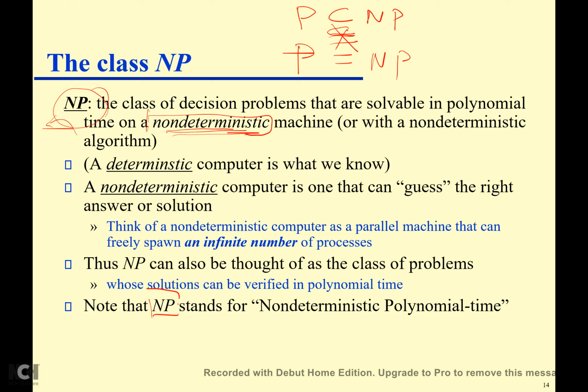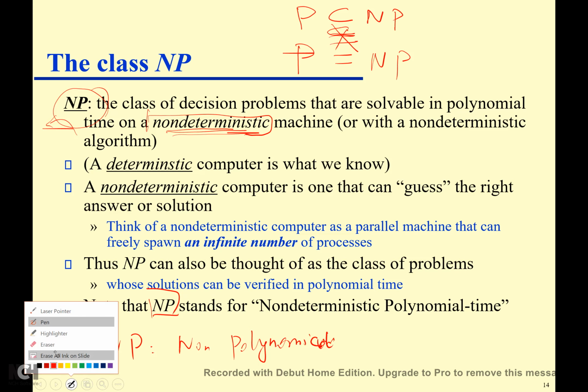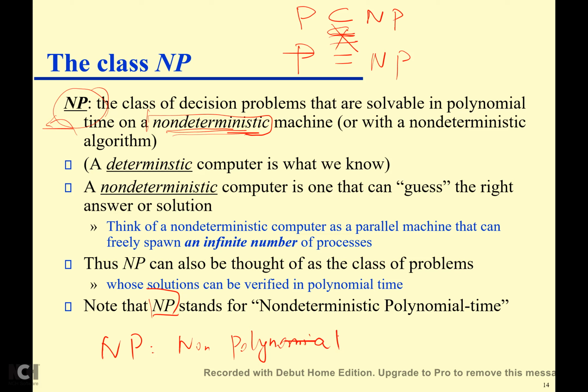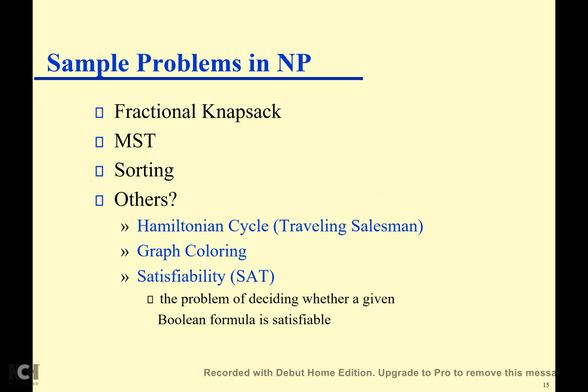Many students, even many engineers, or even scientists and computer scientists, think NP means non-polynomial, but that's wrong. It corresponds to nondeterministic polynomial time. It could be verified in polynomial time through the nondeterministic machine.